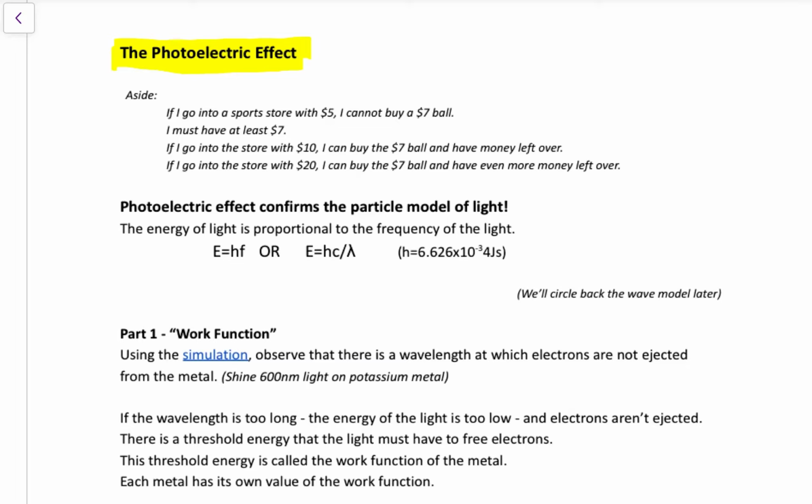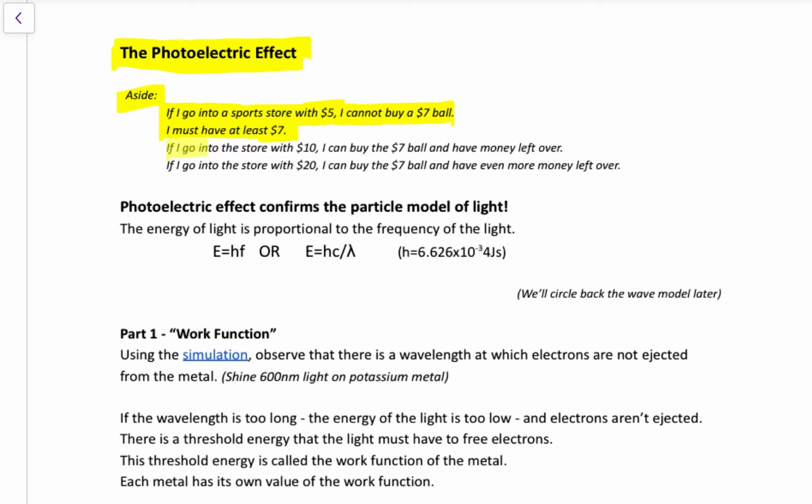Often when talking about energy, I use the analogy of money because, like energy, money can switch from one account to another account, just like energy can change from one form to another. So here's another money analogy to help make sense of the photoelectric effect. If you were to go into a store with $5 trying to buy something that costs $7, that's not going to work. You don't have enough money. You don't meet that threshold of the thing you want to buy.